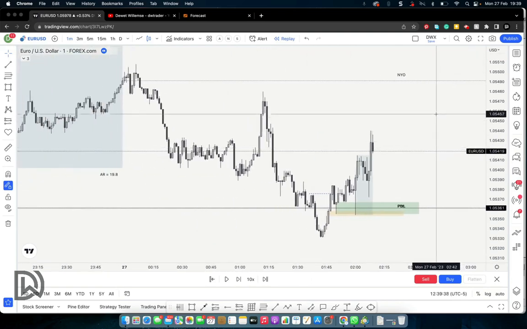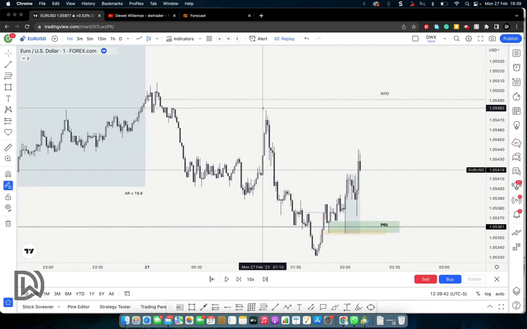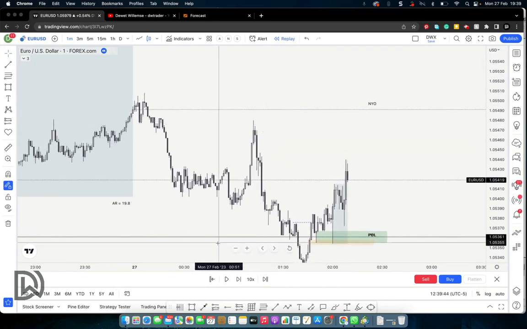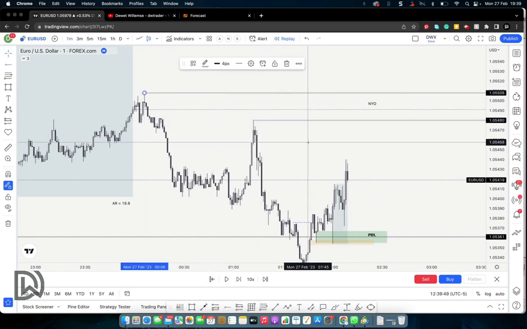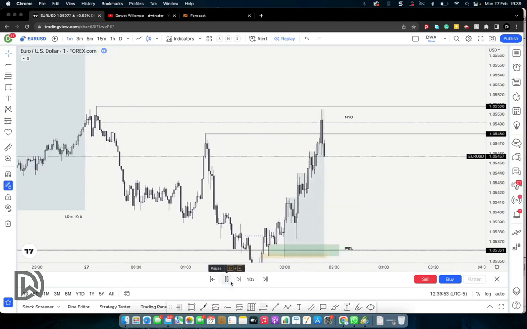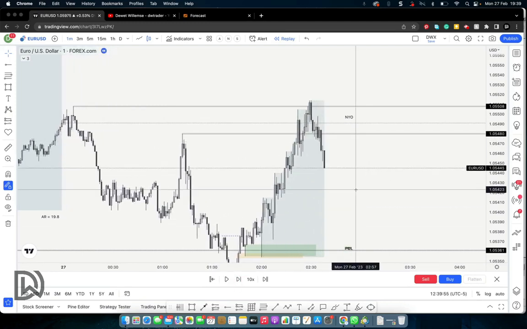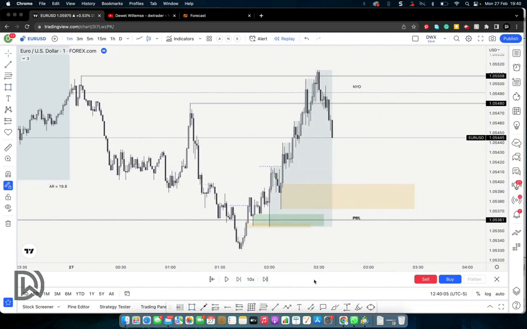We have clear buy side liquidity objectives in the form of this high and that high. If we mark that out quickly, that was the draw on liquidity that price was reaching for, and ultimately reached. I did share in the community that I initially wanted to see price come down again to this area and take a long from here.